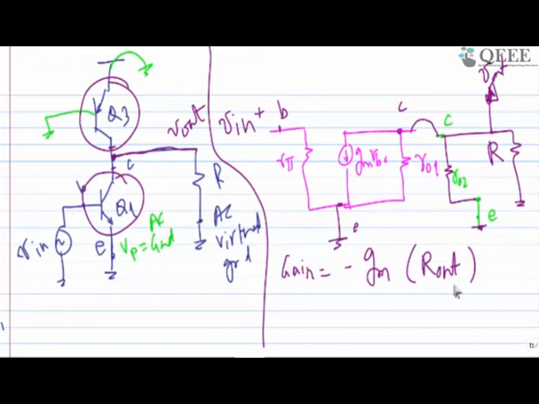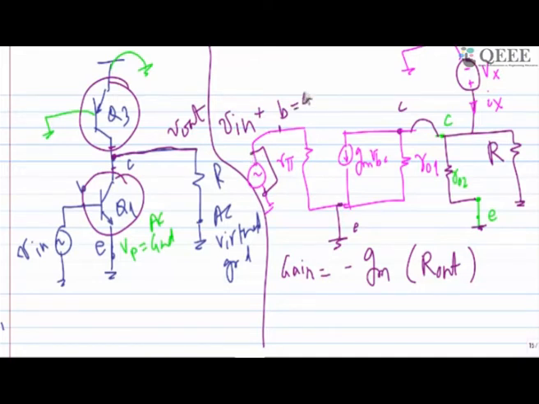If I want to find Rout, what am I supposed to do? Add one known voltage source and measure how much current is flowing through it. Vx by Ix will give me the resistance, and when I'm doing this, all the independent sources should be 0.